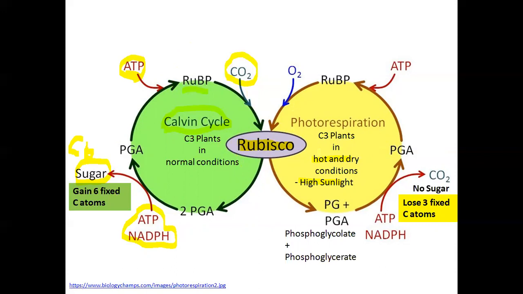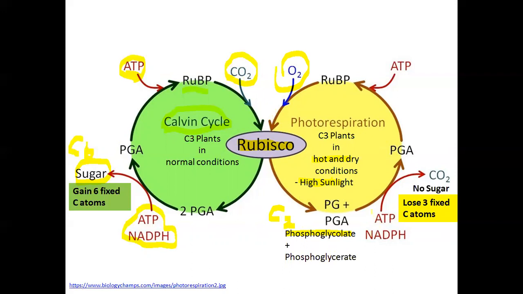But when the same plants face hot and dry conditions and there is high sunlight, the Rubisco enzyme, instead of using carbon dioxide, takes oxygen. The first product will be phosphoglycolate, which will consist of two carbon atoms, and phosphoglycerate will also be produced.